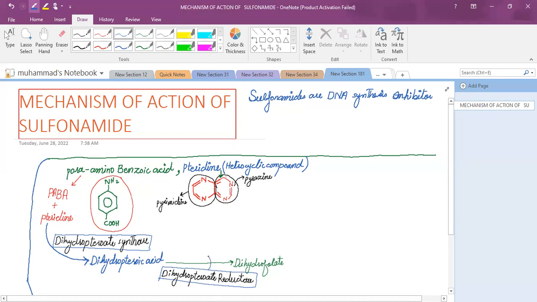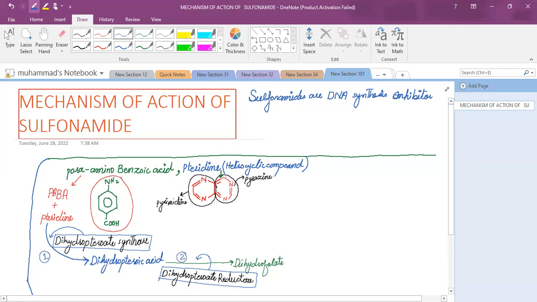It works on this step, and dihydropteroate synthase works on this step. This is step number 1 and this is step number 2.